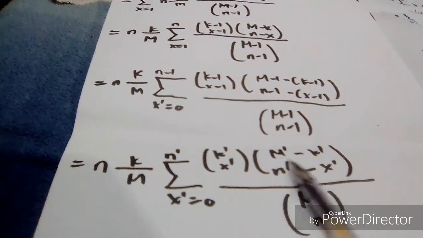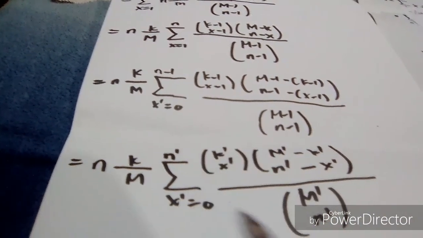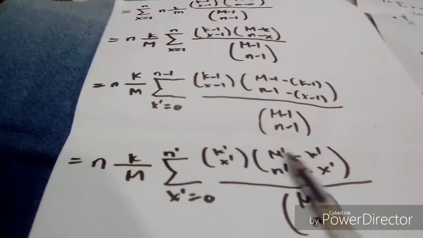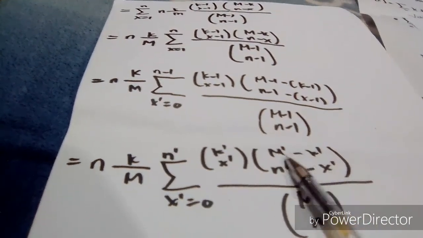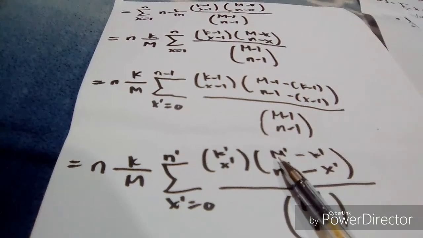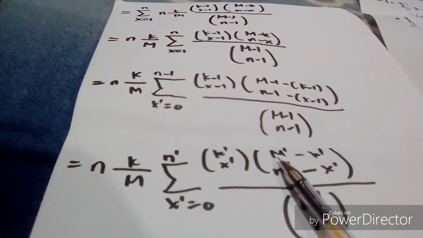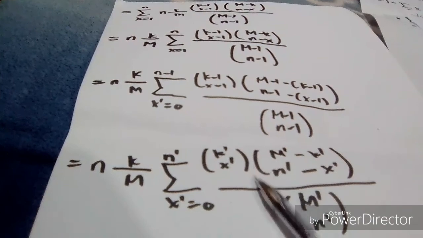What we have done here is change the variable so that we can still manipulate the hypergeometric distribution formula with different parameters.